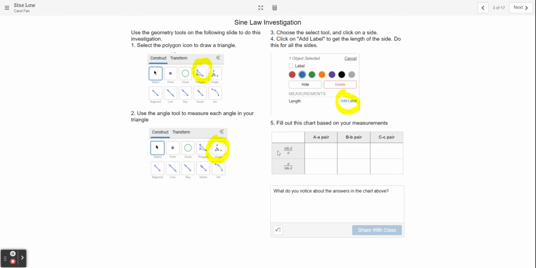So if I took sine A over A, the value that I have, sine B over B, the value here, and sine C over C. After that, you're going to do it again for A over sine A, B over sine B, and C over sine C. What do you notice about these?